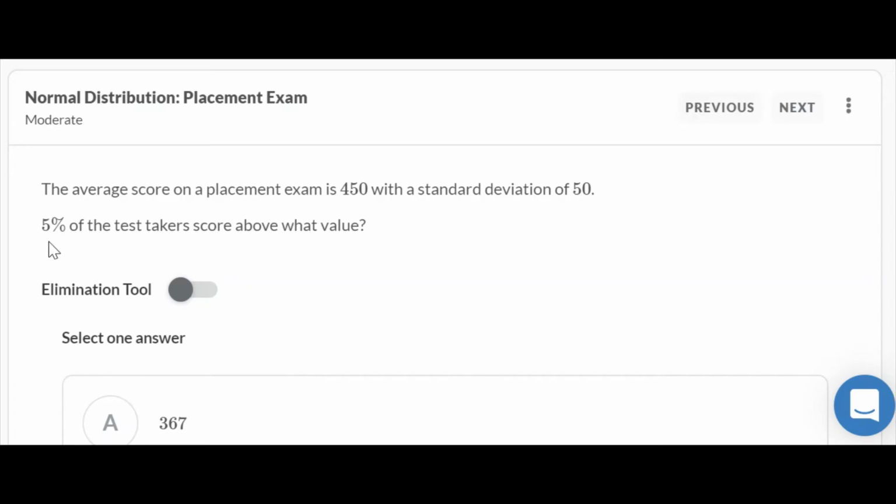And remember, when we're dealing with percentiles with our inverse norm calculator, it's read to the left, and this is a number to the right. So if you have to draw a picture, do that. My hint here is two things: inverse norm, and you don't want to use 5%. You actually want to use 95%. Make sure you understand that. So you'll use 0.95 as your area.